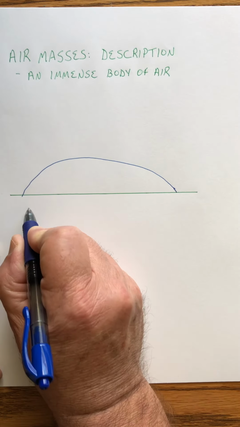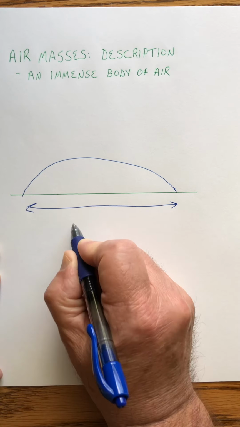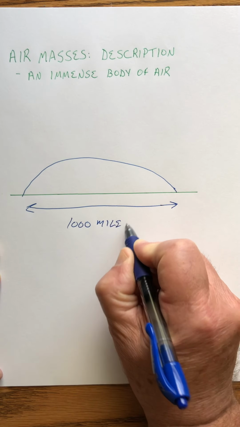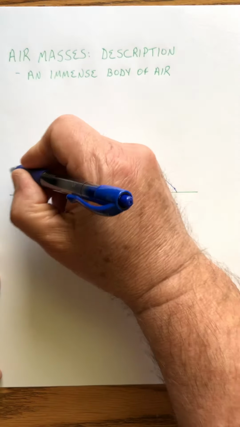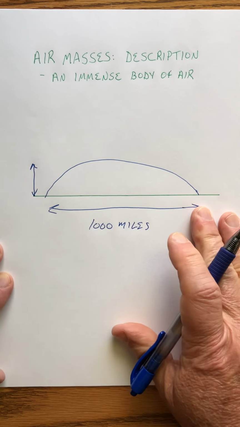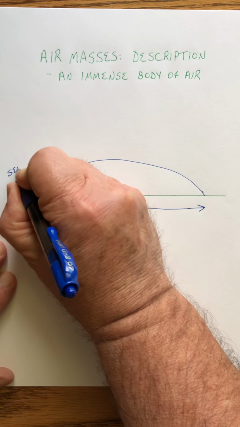These air masses are just huge. They're perhaps 1,000 miles across. Now this isn't drawn to proportion, but it will be several kilometers or several miles in thickness.